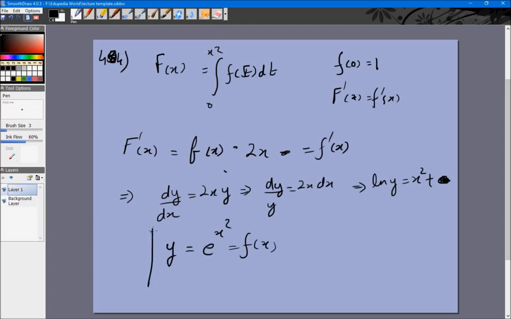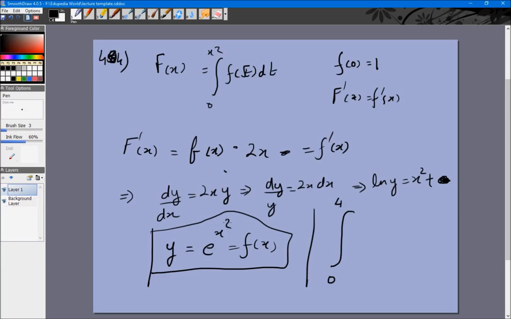So based on the information given in the question, we were actually able to calculate the value of f of x. And now all we need to do is calculate the value of capital F of 2. That means the integral of 0 to 4, because then x is equal to 2, so x square is 4, f of root t dt.